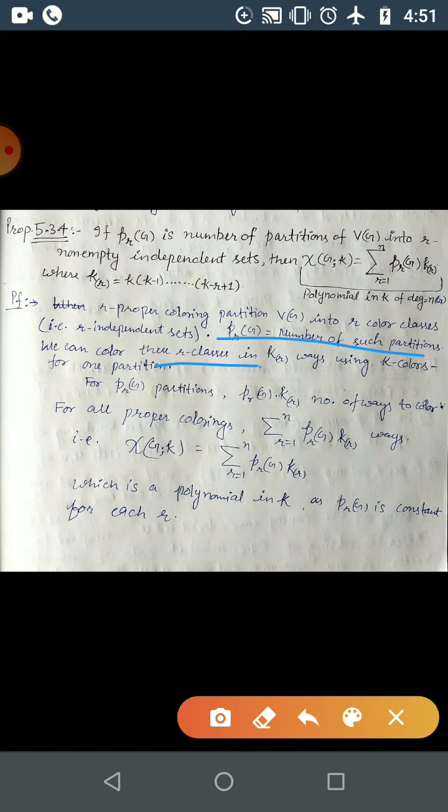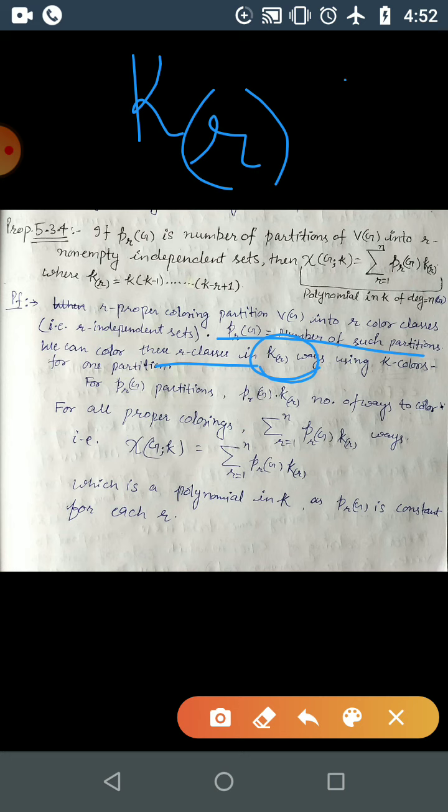So when K colors are given and R vertices are given, and these R are adjacent to each other, correct, then R classes are given, and this is the number of ways using K colors over these R classes for one partition, correct.